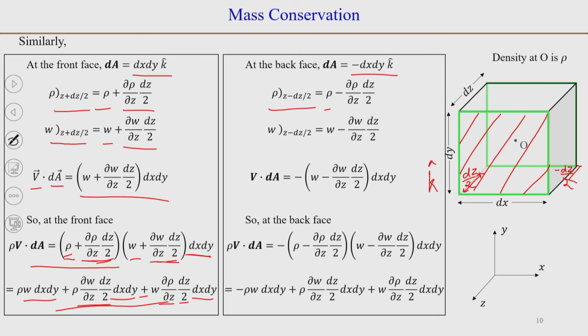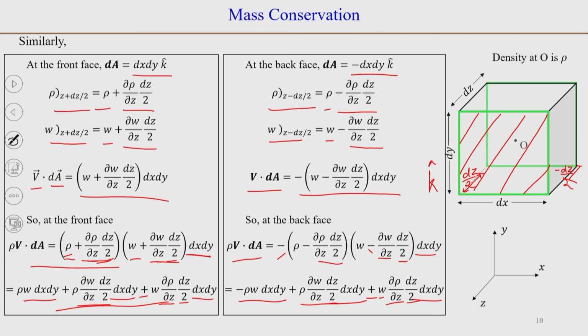So, that will be rho minus ∂rho/∂z dz by 2. Similarly, w will be w minus ∂w/∂z into dz by 2, and we can write all this. V dot dA will be negative, and we combine all the terms. So, the multiplication will be minus rho w dx dy plus rho ∂w/∂z into dz by 2 dx dy, and the third term will become plus w into ∂rho/∂z into dz by 2 into dx dy.